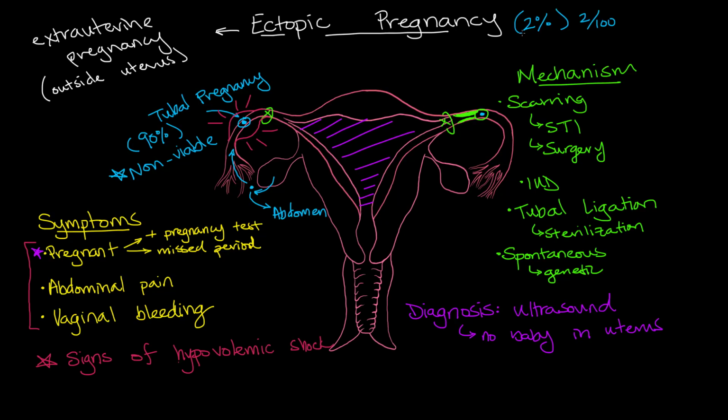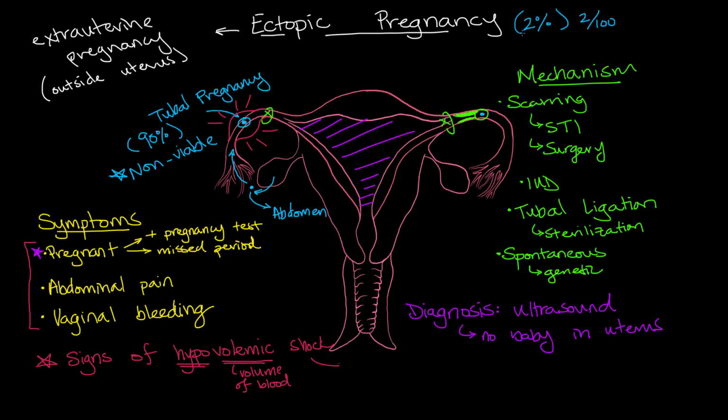And hypovolemic means hypo is low, so low, we've talked about hypothyroidism as being kind of low thyroid hormone. Hypovolemic is low volume. So volemic is specifically talking about volume of blood. So your body goes into shock because it's lost too much blood.